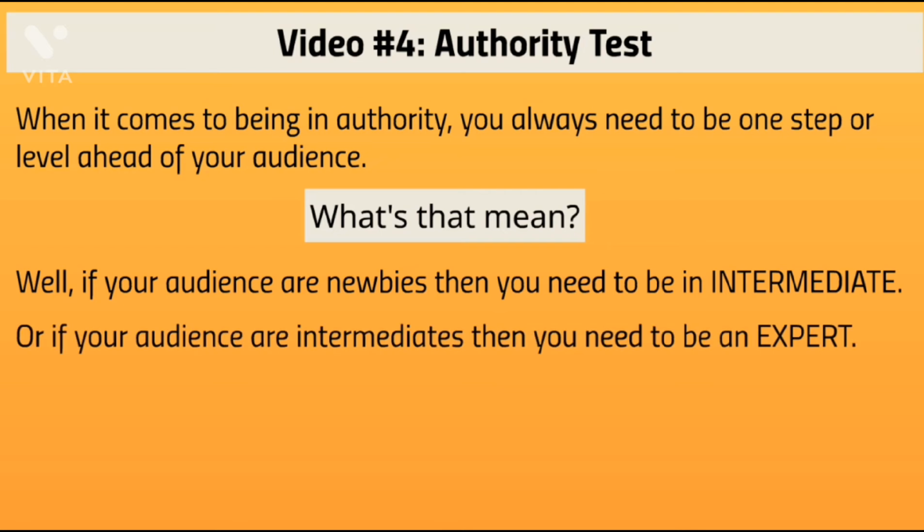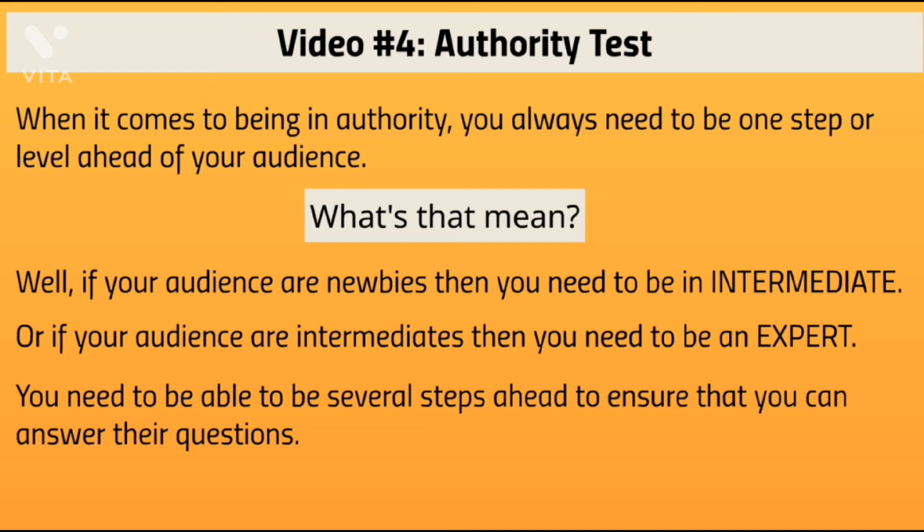Or if your audience are intermediates, then you need to make sure that you are an expert in that niche. The reason being is because you need to be several steps ahead to ensure that you answer their questions. In other words, you need to make sure that you can gain their trust by providing value, and that way they understand that you have been through what they are going through right now.